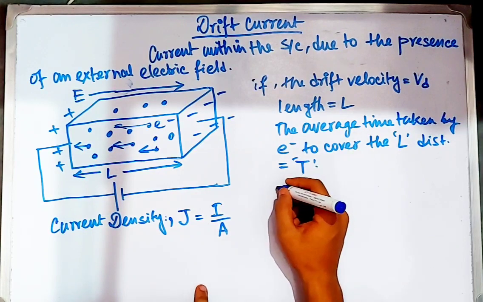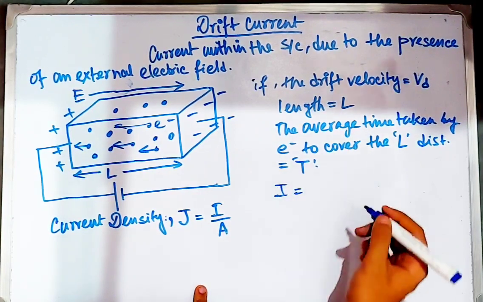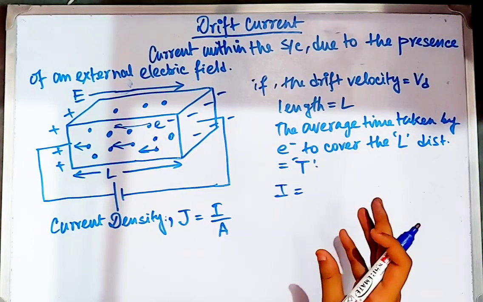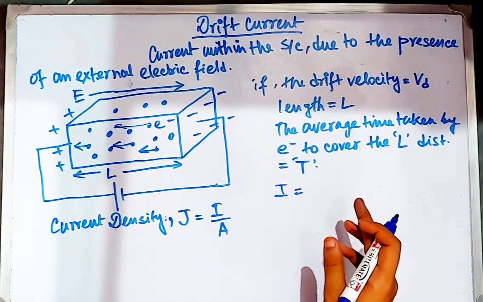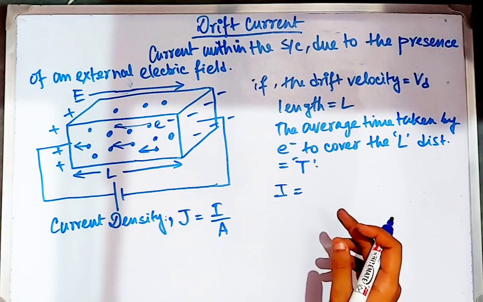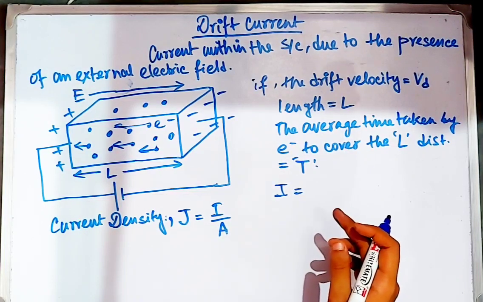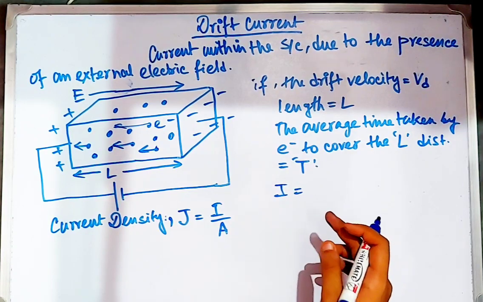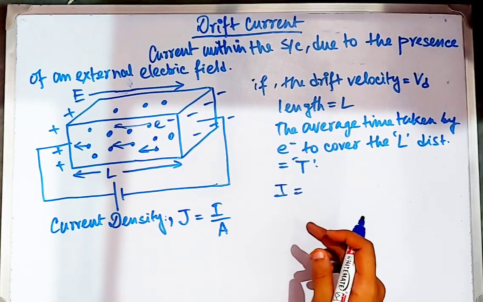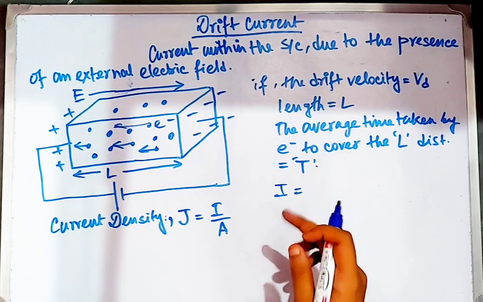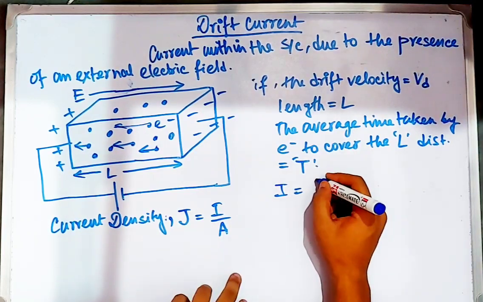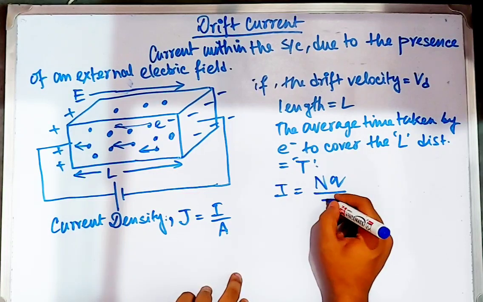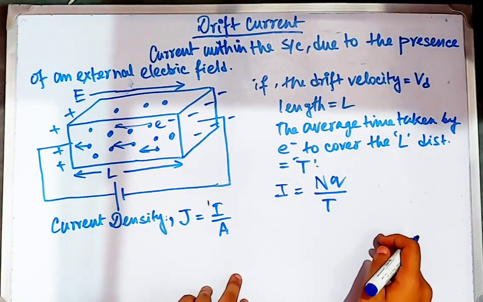The current I is the rate of change of charge within the semiconductor, so that is Q by T. If there are n number of electrons present within a cross section of the semiconductor, then I can be written as nq by t.